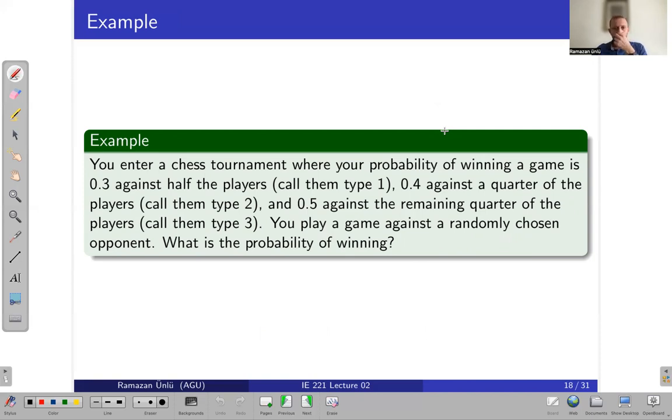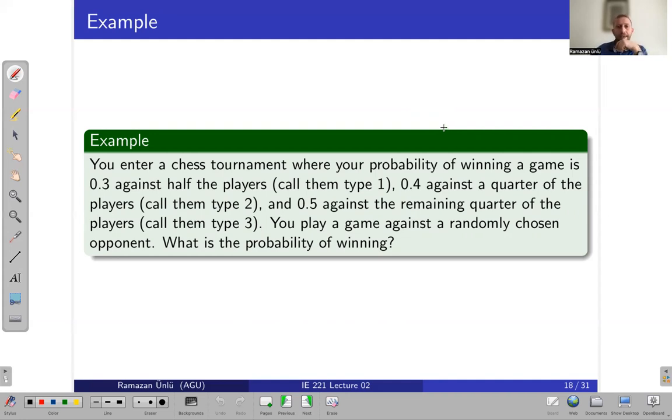The second one, the probability of winning a game is 0.4 against a quarter of the players. These are type 2, the medium level players. And the last one is 0.5, the probability of winning a game against the remaining quarter of the players. These are type 3, the easiest players.